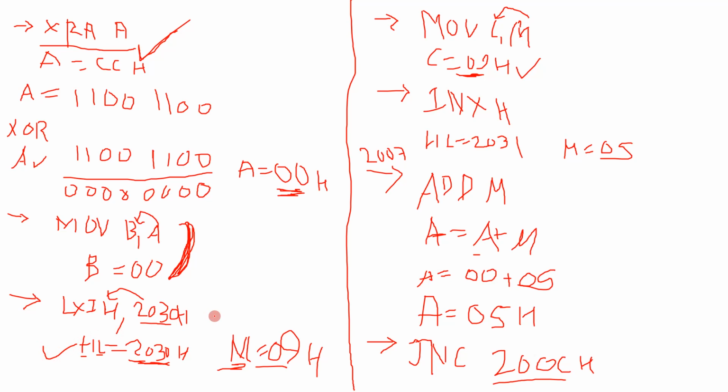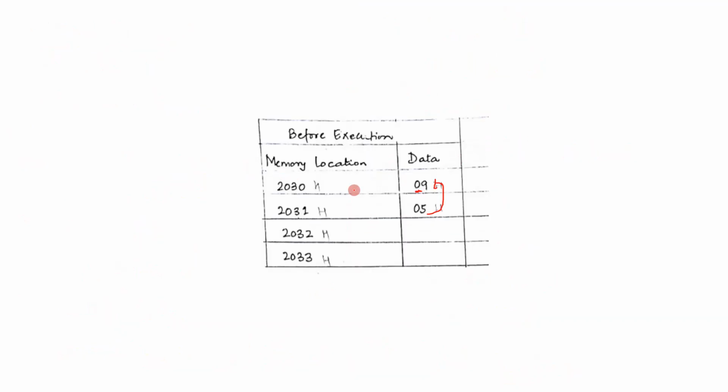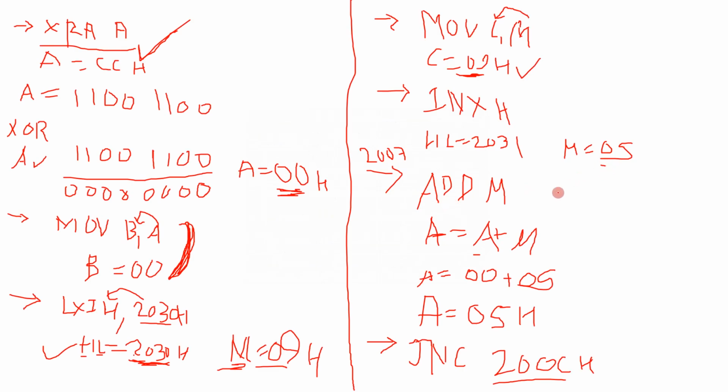Now INX H. HL was 2030; when we increment it, HL will become 2031 and M will be equal to 05. What is there at location 2031? 05.